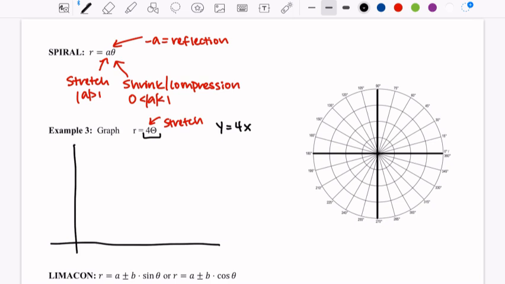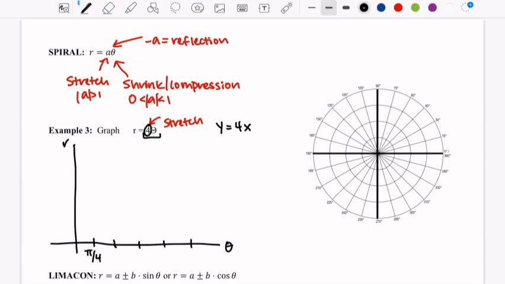So coming up with this, we want to come up with some thetas that are going to give us an output of our radius that we're going to graph. Probably for ease of wanting to come up with points that are going to multiply nicely, let's choose some values that multiply by 4 nicely. We want our theta values to be in radians, so I don't want to call this 1, 2, 3, 4, because that doesn't really help me graph my radians nicely. So maybe let's call these pi over 4.